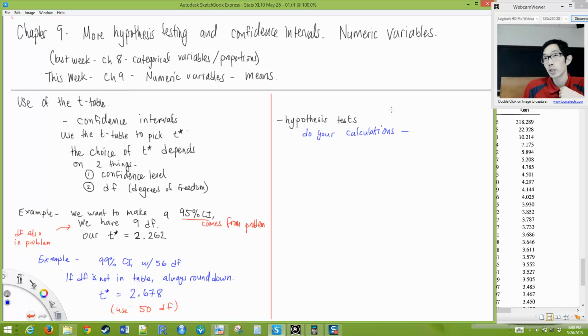Just like when you did hypothesis tests on today's quiz or last week's homework, you did your calculations, you arrived at a test statistic, but that wasn't the answer you're looking for. You used your test statistic to look up in the z-table to get your p-value, right? Same idea, you do your calculations, you get a test statistic, but for these problems, you look your test statistic up in the t-table to get your p-value.